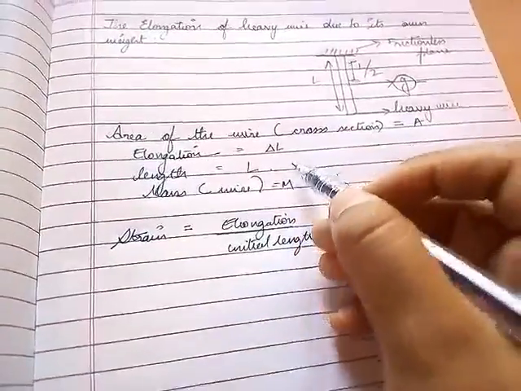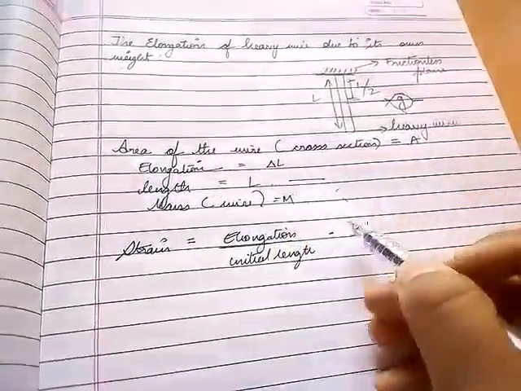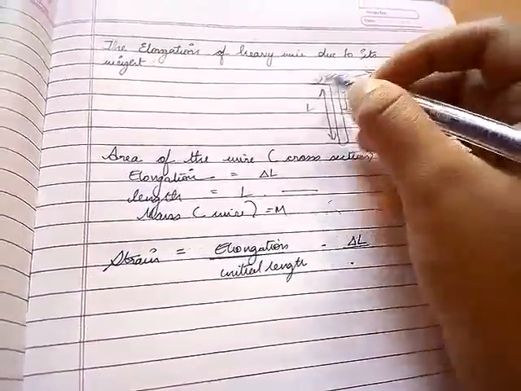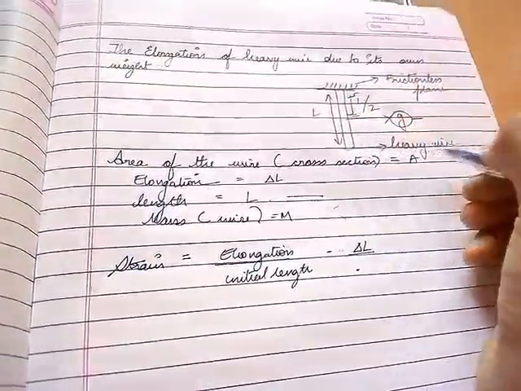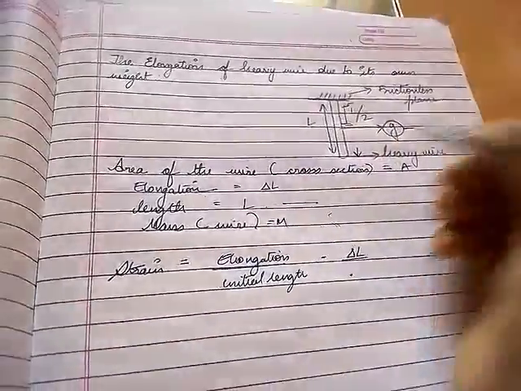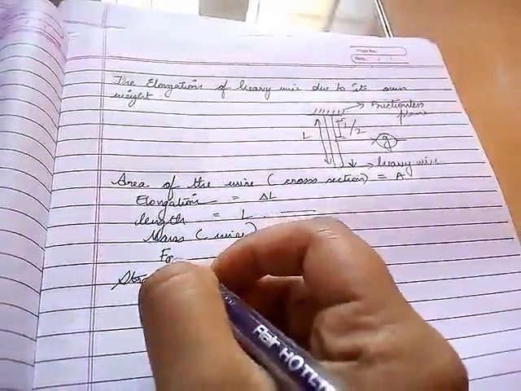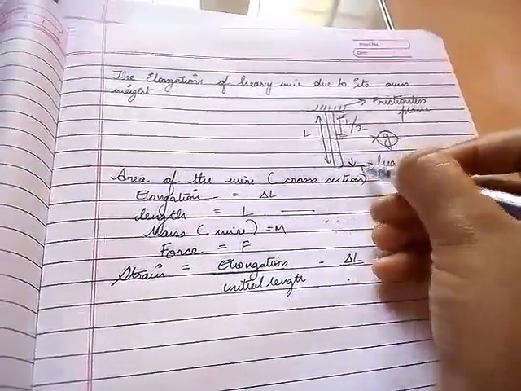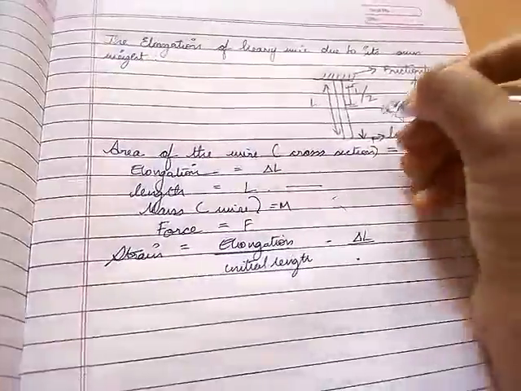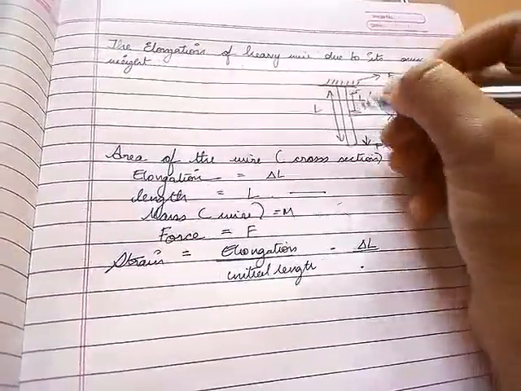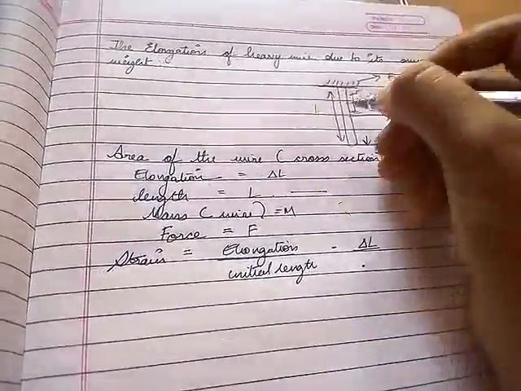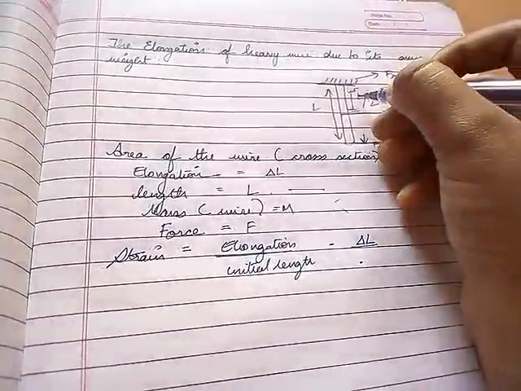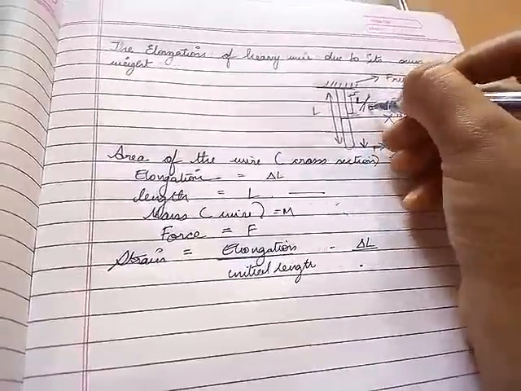Why? You must be thinking the length is L, so why are we not putting L here? That is because the total force that is exerted over here, the force, which also we should list down here, is F. The exerted force is not acting on the entire wire, it is acting on the center of gravity here, which is at the midpoint, that is L by 2.